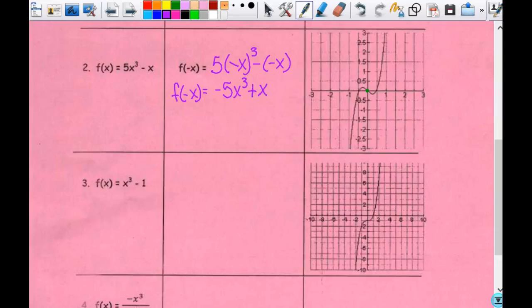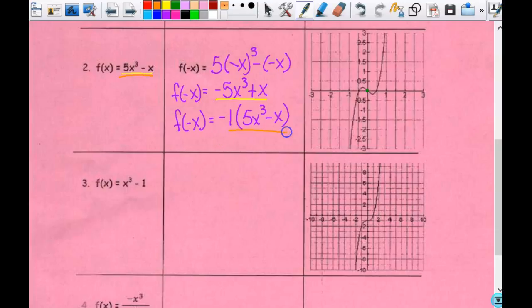So at this point, I look at f of x and f of negative x. Are they equal to each other? No, they're not. So I got to do one more step then. I'm going to factor out a negative 1. So f of negative x equals, factor out a negative 1, that would leave me with 5x cubed minus x. So since this didn't work, now I'm going to look at f of x and f of negative x.